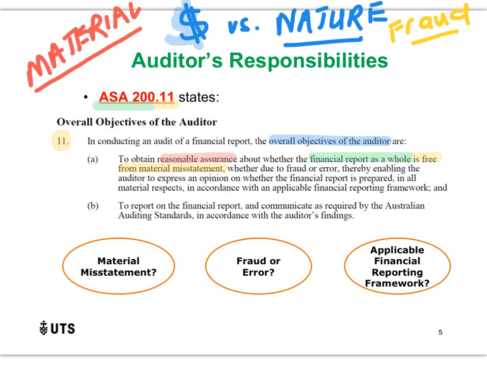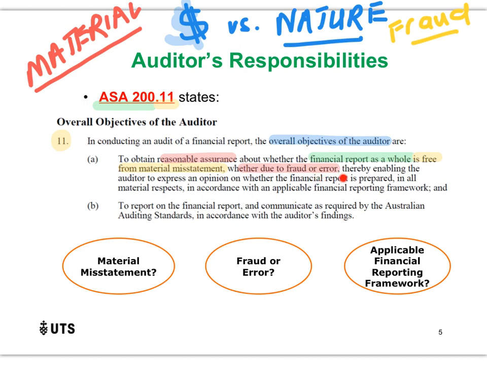So remember, the objective of an audit is to obtain a reasonable assurance about whether the financial report as a whole is free from material, significant misstatements, significant issues, whether due to fraud or error. Now I'm going to stop again, whether due to fraud or error, but I'll be quite simple here in the way that I explain it. Now, there is a difference between fraud and error, and the biggest difference between these two concepts is the intention behind them.